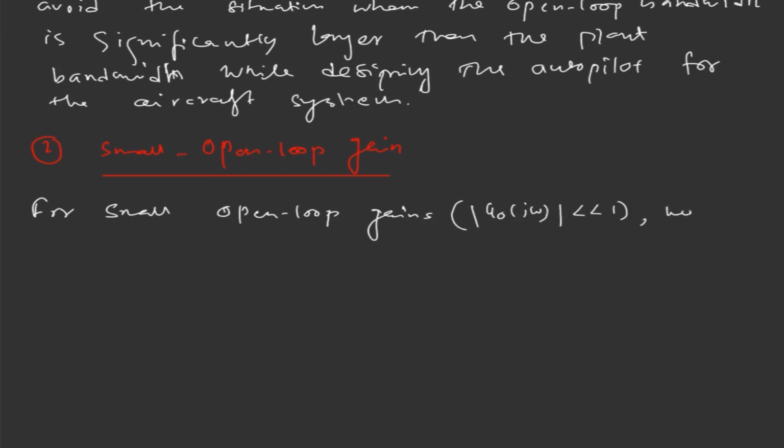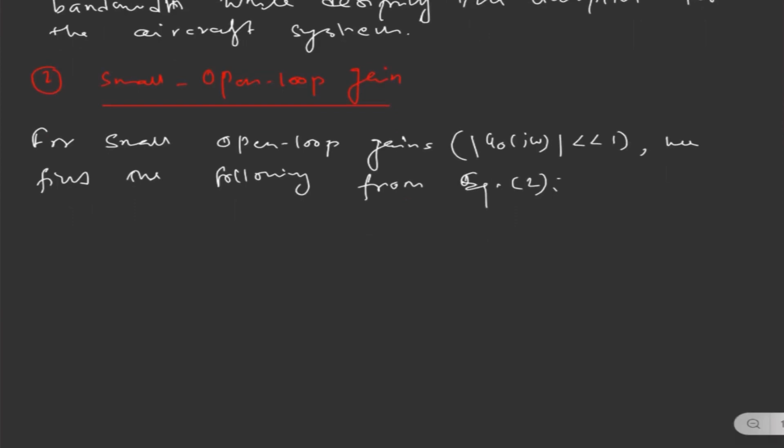We find the following from equation 2. So for the small gain, let's look at the total control effort due to the reference signal, the measurement noise, and the disturbance.